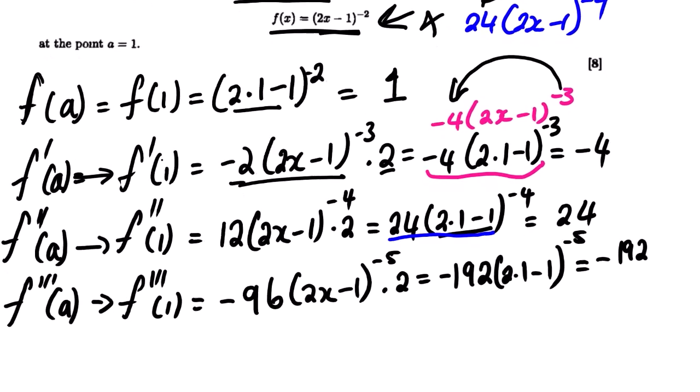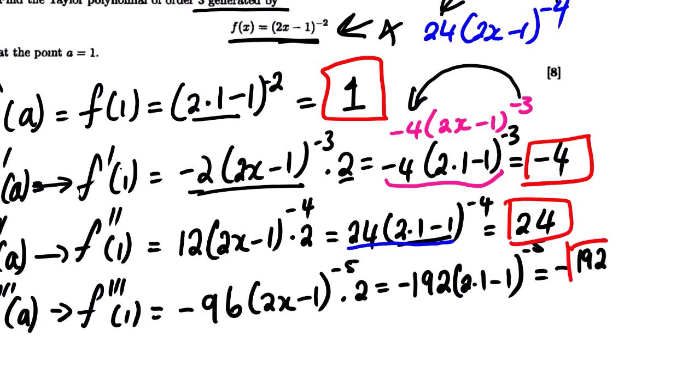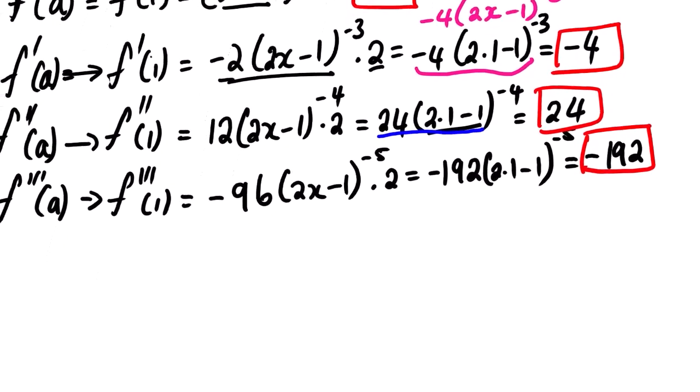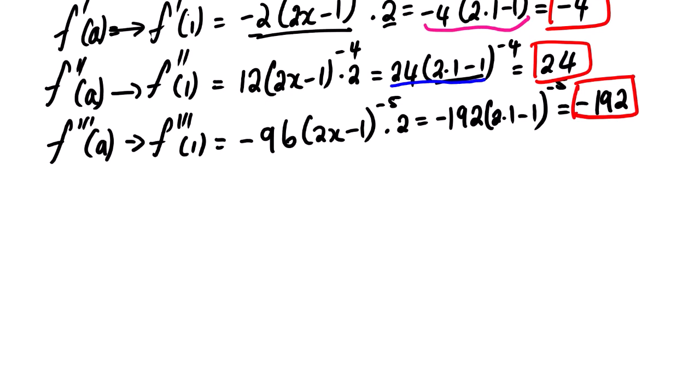So looking at our terms that we are going to use for the equation, we have these: 1, negative 4, 24 and negative 192. And then from here we need to write the polynomial equation.